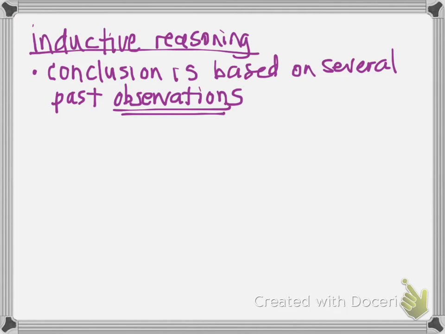Conclusion is based on several past observations. No evidence is gathered, it's merely observed. So it has to deal with just viewing this. And based on your viewing this, you come to a conclusion. Now, the conclusion is probably true.